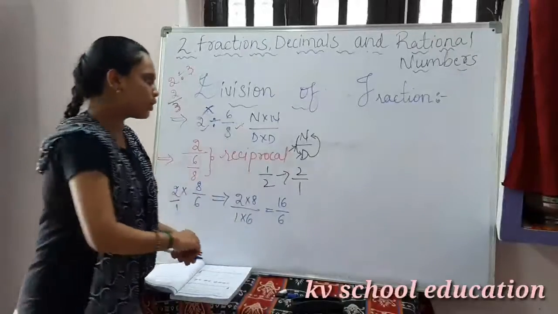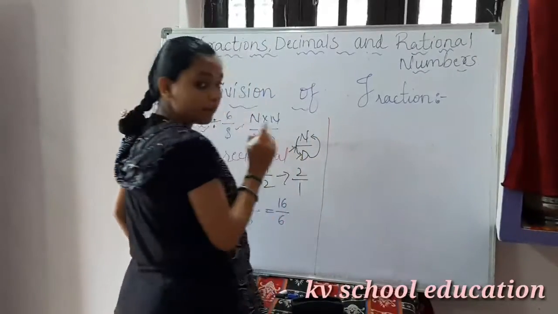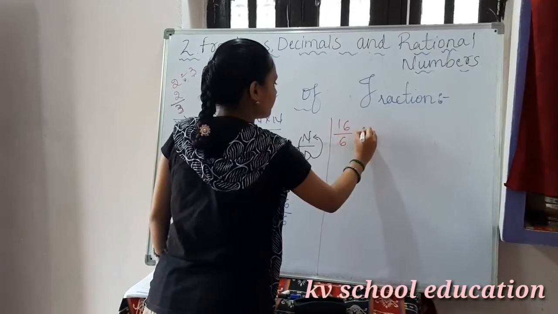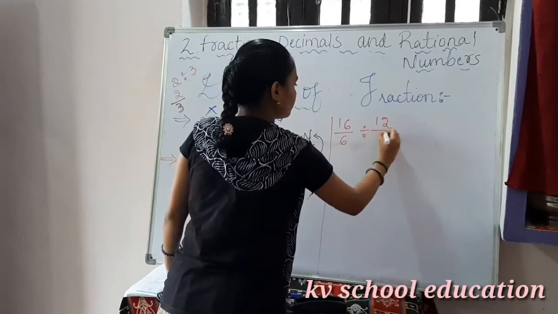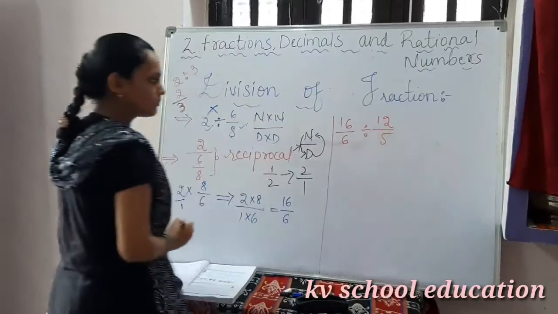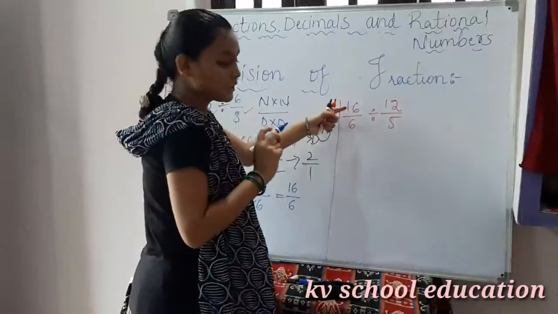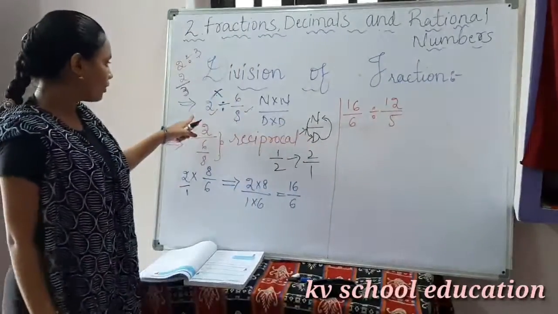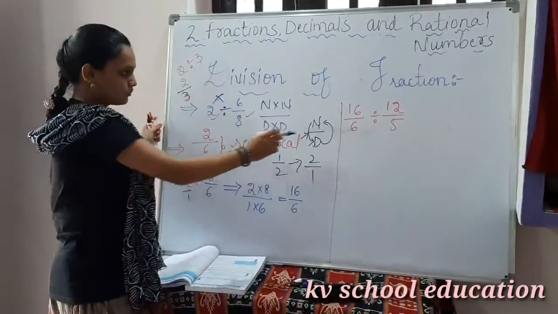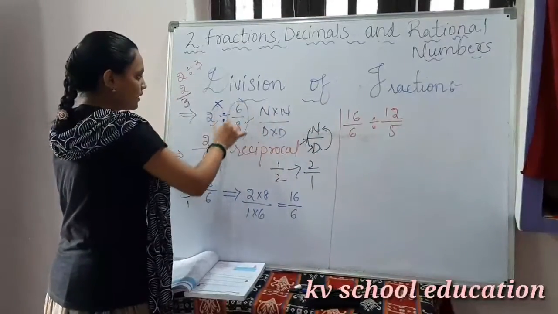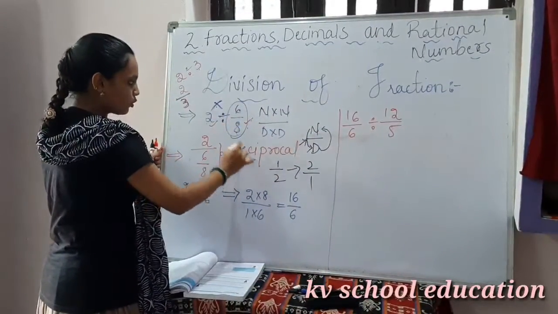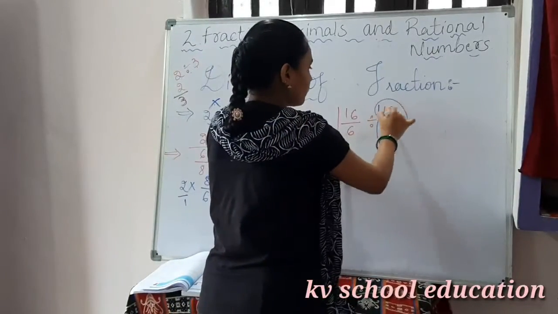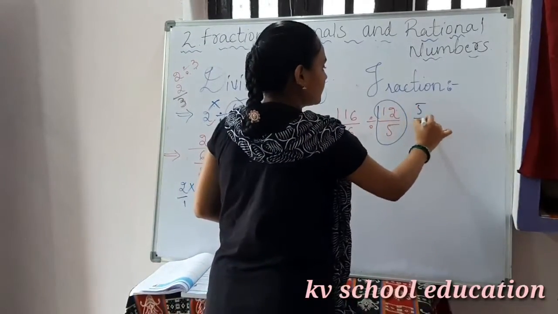So one more example I will take. By a fraction I will take 16 by 6 divided by 12 by 5. So as before, we should take the reciprocal of the second fraction. Here I took 6 by 8 as a reciprocal, 8 by 6. So it's the same, I should take here 12 by 5 as 5 by 12.